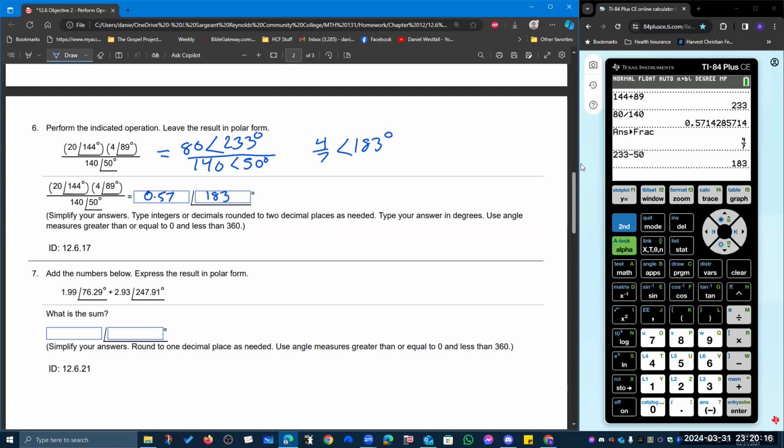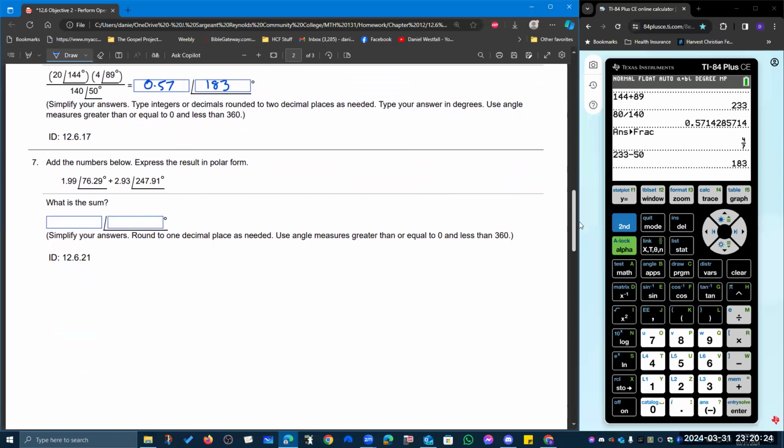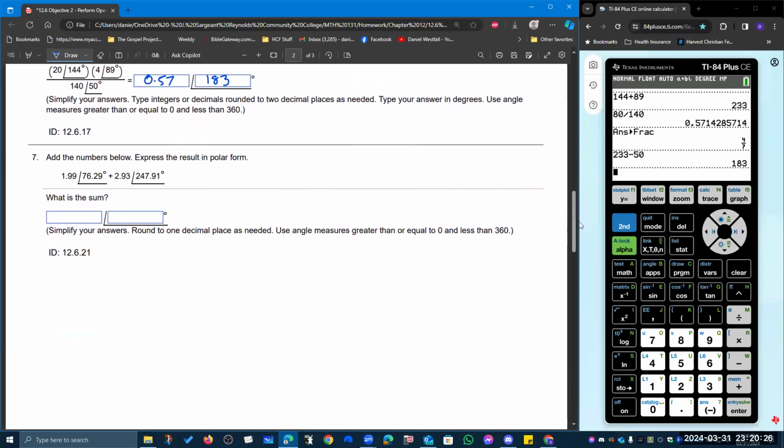Let's try and add the numbers below. So this is going to be a little different. This is not product or quotient. We're going to have to convert them into rectangular, I believe, and then get it back.